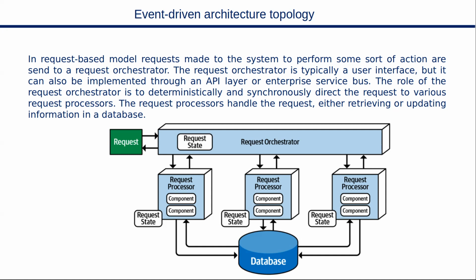The role of the request orchestrator is to deterministically and synchronously direct, please pay attention, deterministically and synchronously direct the request to various request processors. So we have different request processors, and the role of the orchestrator is to forward the incoming request to a specific request processor.